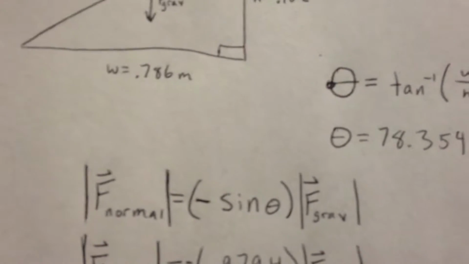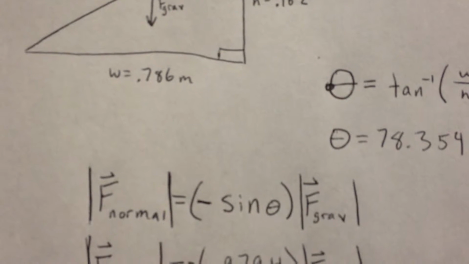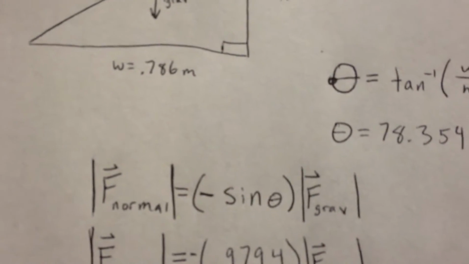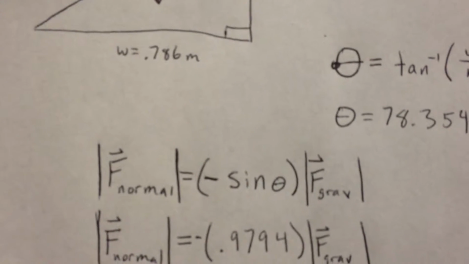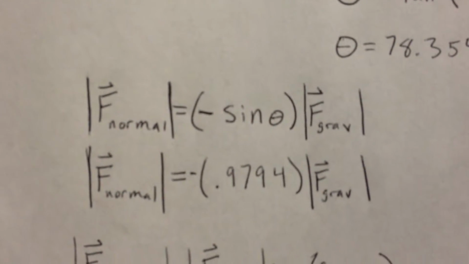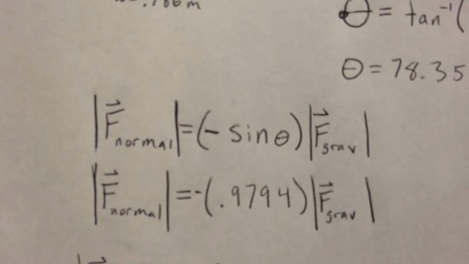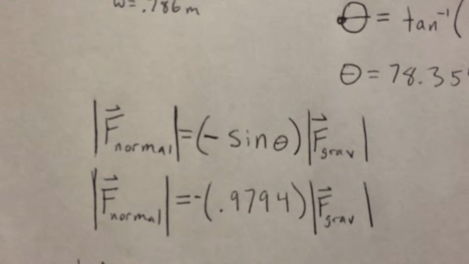From that I found that F normal, which is the force perpendicular to the surface, is the negative sine of theta times the force of gravity, and that's the magnitude of the normal force and the gravitational force. Sine of theta is 0.9794, so it's negative 0.9794 times the force of gravity.